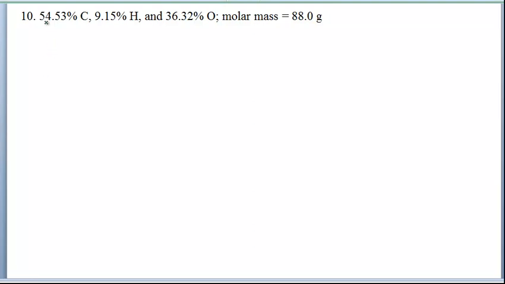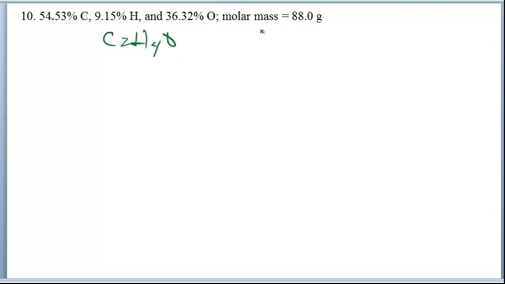Okay, part 3. Number 10 is quite similar to number 9, and when you wrestle all of these percentages into grams and then moles, you'll find that the empirical formula is C2H4O.